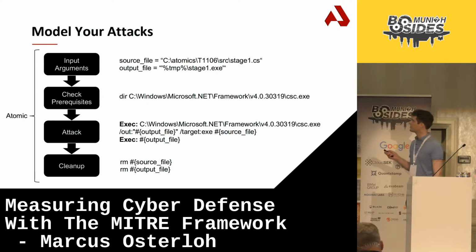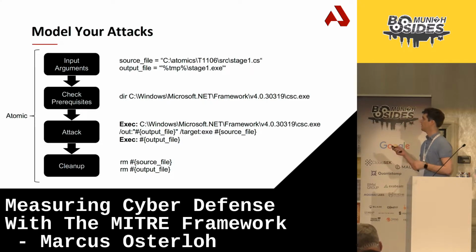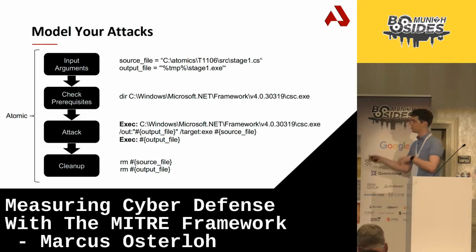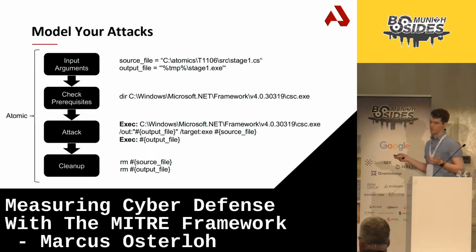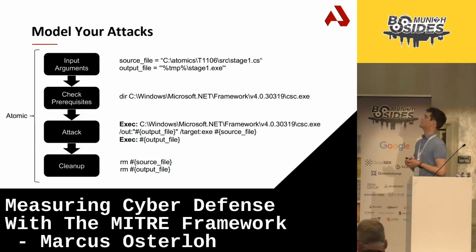Let's say we have some source files because we want to run a stager, which is written in C#, and have an output file somewhere in temp. Then we have a prerequisite that we need a special compiler and also access to this compiler. The next step is to compile the code and run the attack. And after that, we remove all the files that we generated.